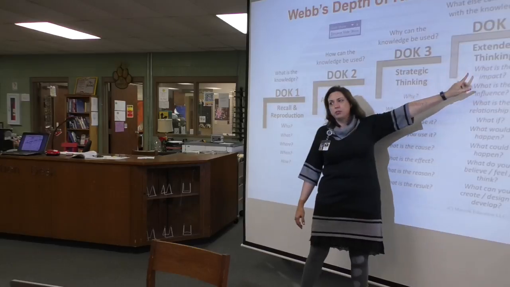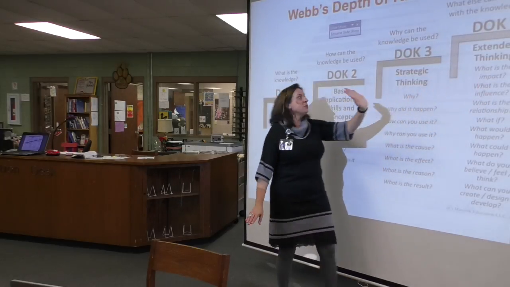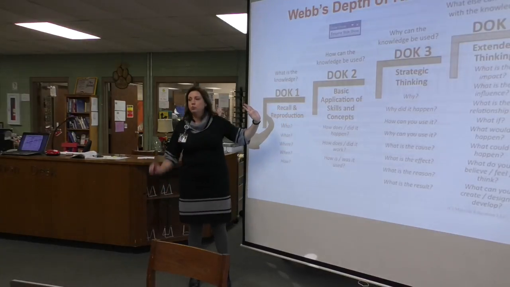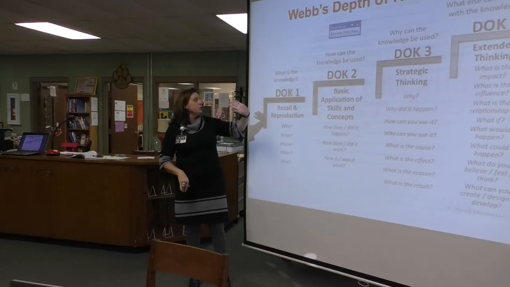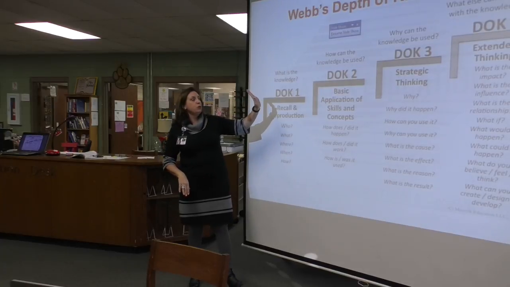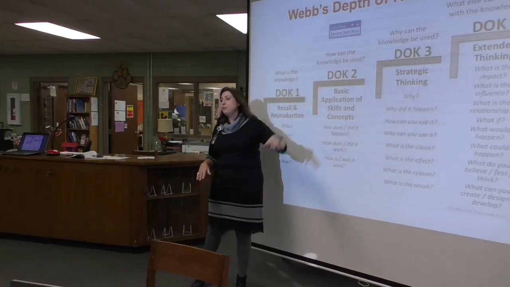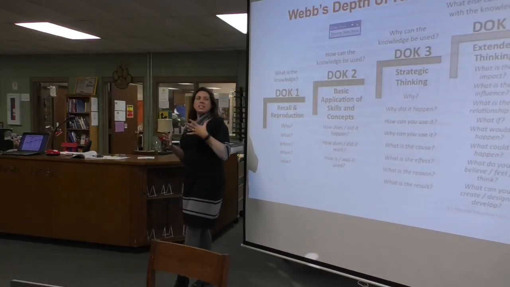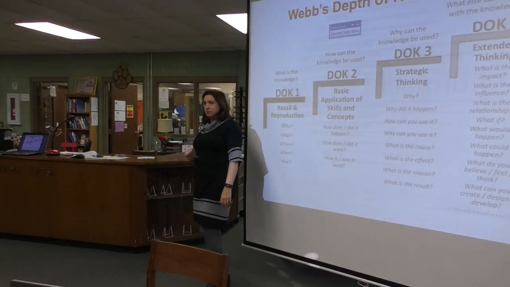Now, you most likely will not have a DOK 4 on your test. So what I'm looking for is for you to either write out next to it on each question, or put a sticky next to it. And I'm looking for you to label whether you believe that question is 1, 2, or 3. If you are kind of torn between which one it might be, ask a teammate. Okay?